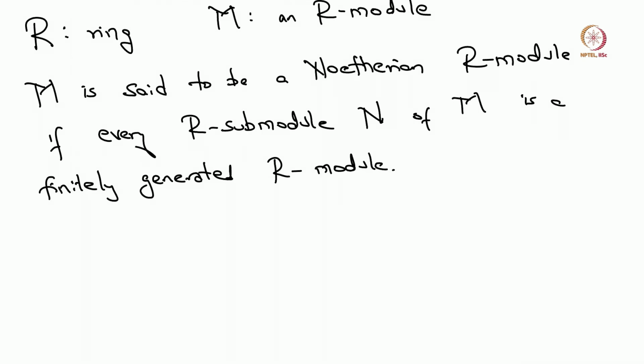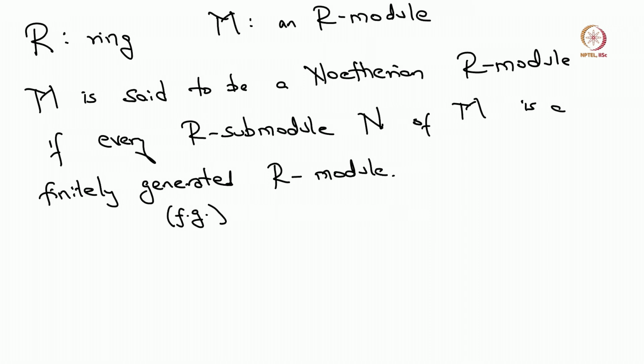And just as in the previous lectures, I'll abbreviate finitely generated by f.g. Okay, so module M is Noetherian if every submodule is finitely generated.